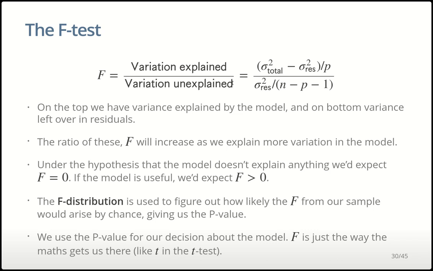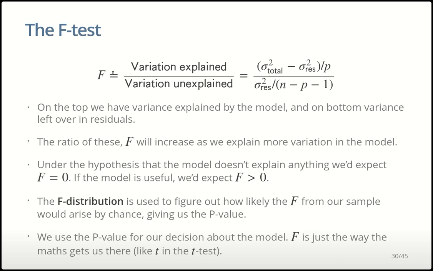So if your model explains lots of stuff, then you're going to have a large number on top and a small number on the bottom. You're explaining most of the variation in the response, so there's very little variation left over, and so you get a large number divided by a little number, which is a big number. All right. So F is big if your model is good.